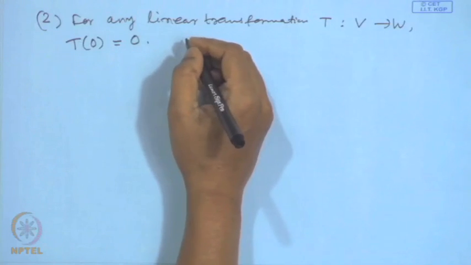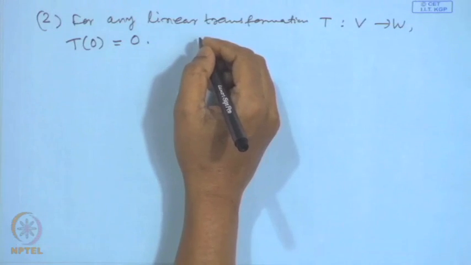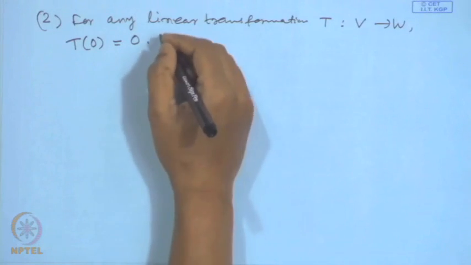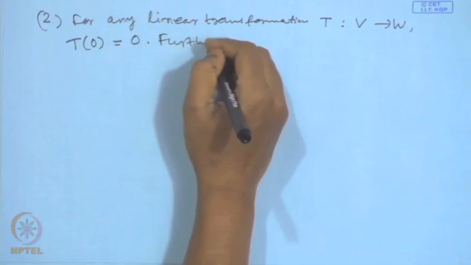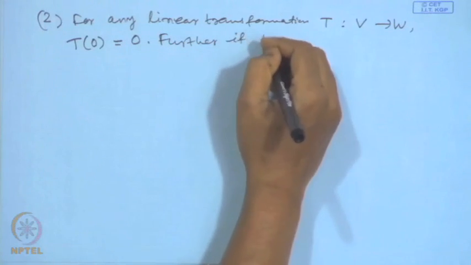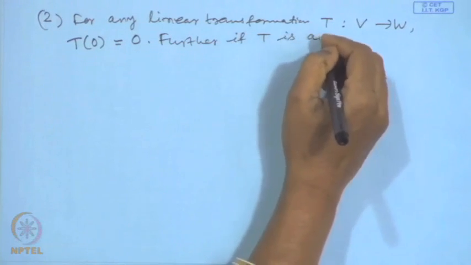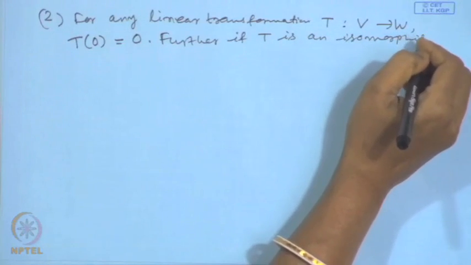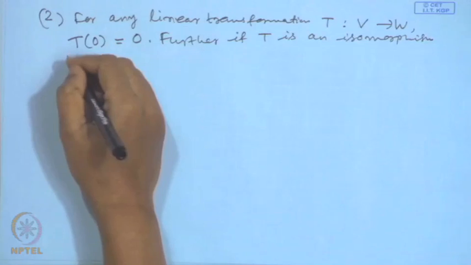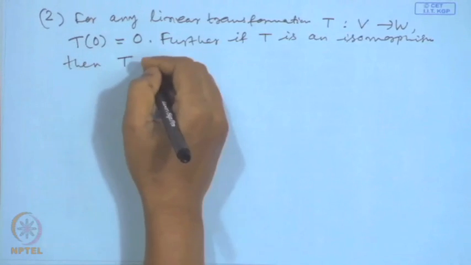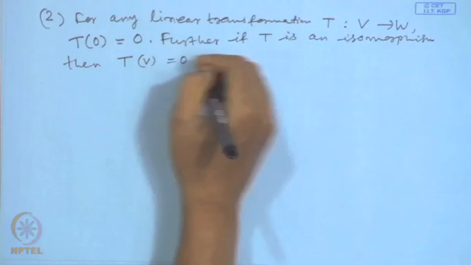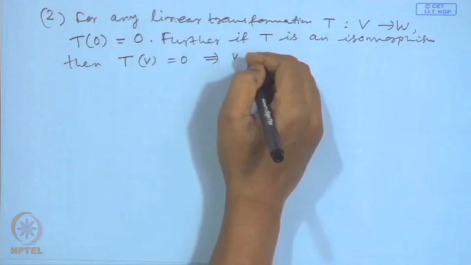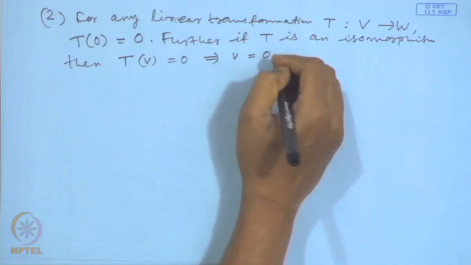And further, if T is an isomorphism, then T of v equal to 0 implies that v is the 0 vector.